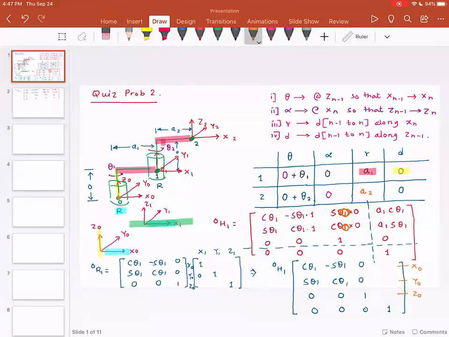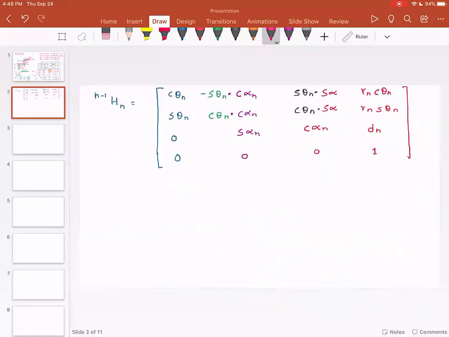Distance along x0 is a1 cosine theta 1. Distance along y0 is a1 sine theta 1, and distance along z0 is 0 because these two revolute joints are very close to each other. Now, can you see that we got the same answer using the DH parameters table and the regular technique?